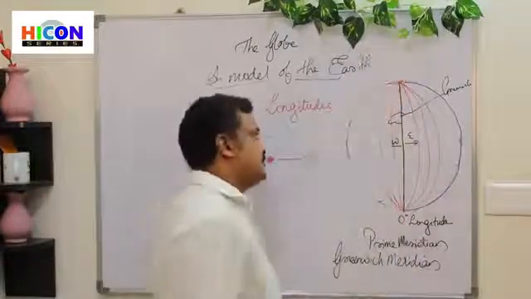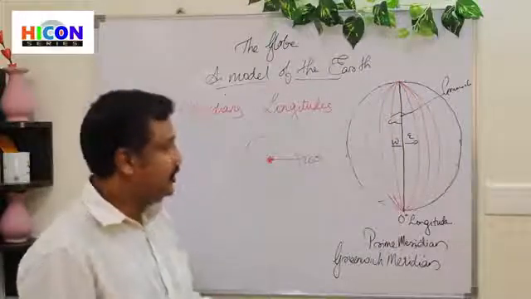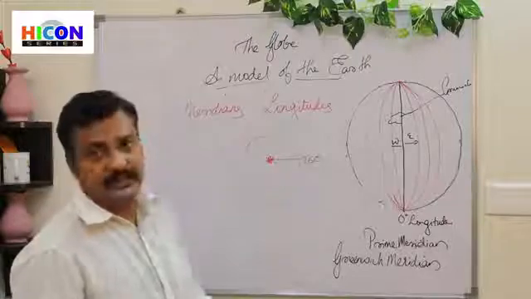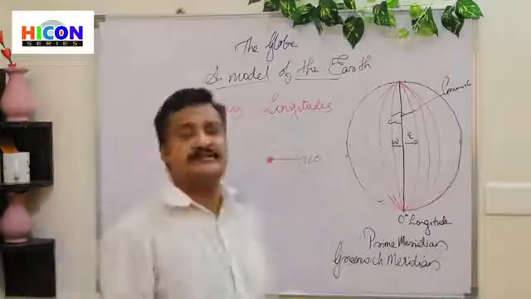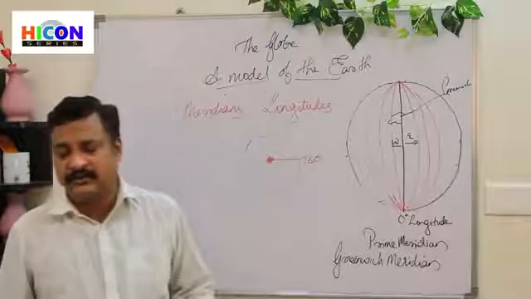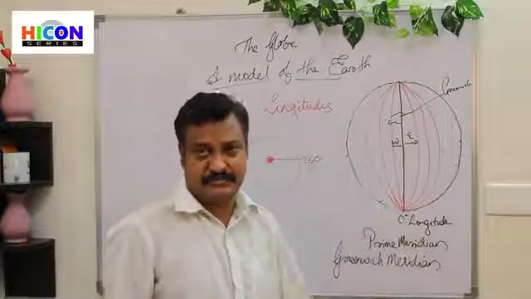So the lines that start from the north pole to the south pole are known as longitudes. They are 360 in number. They are also known as meridians. The 0 degree meridian or the 0 degree longitude is the line that passes through Greenwich, right?